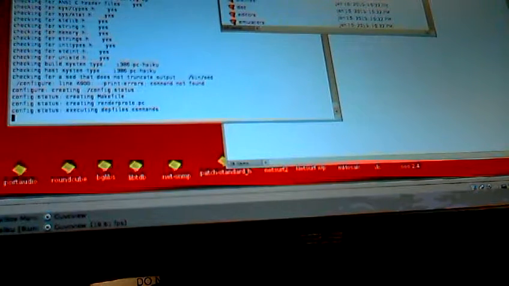Still calculating. Maybe I got some source in there. 34 meg. Okay, yeah, that's reasonable. The benchmarks. Isn't this exciting? Biology. I bet you I got some source in Bootstrap.